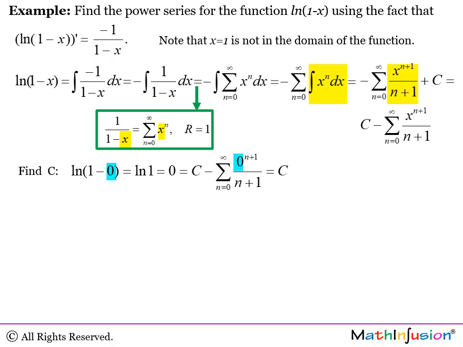So we get that 0 equals c. Now we know that the power series expansion of ln of 1 minus x equals negative the sum, n runs from 0 to infinity, of x to the n plus 1 over n plus 1.